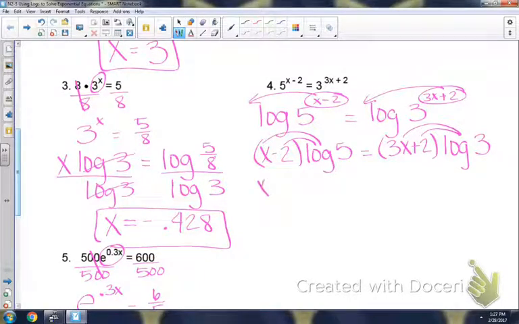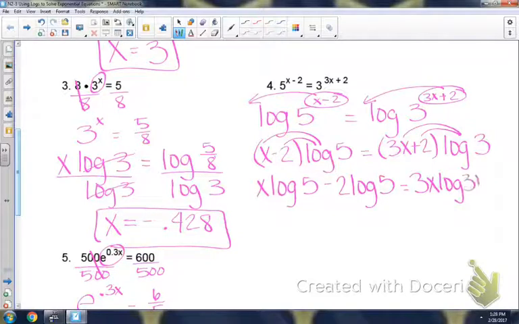So you're going to have x log of 5 minus 2 log of 5 equals 3x log of 3 plus 2 log of 3.